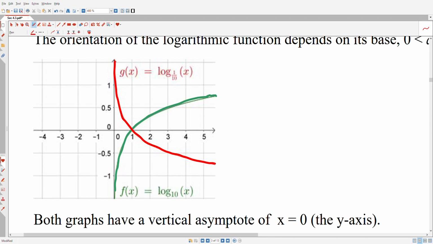And something else we can notice about these logarithmic functions is the following, which maybe I'll write in orange. The domain for the log base a of x is all positive numbers, not including 0.